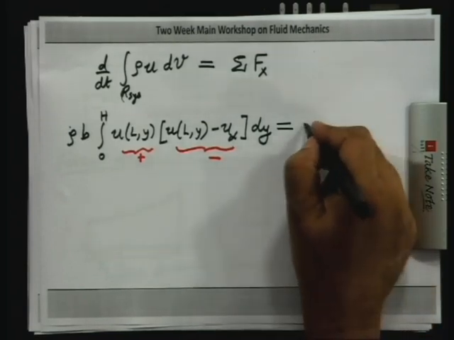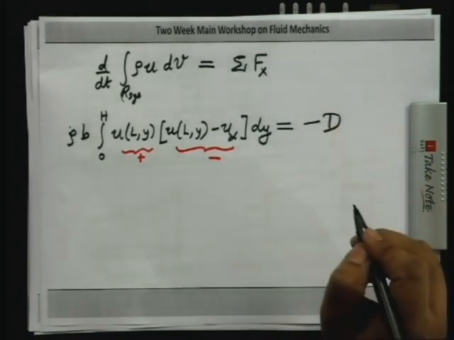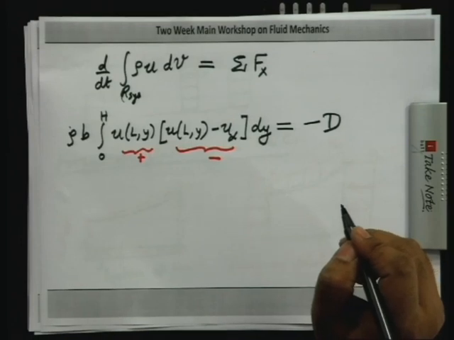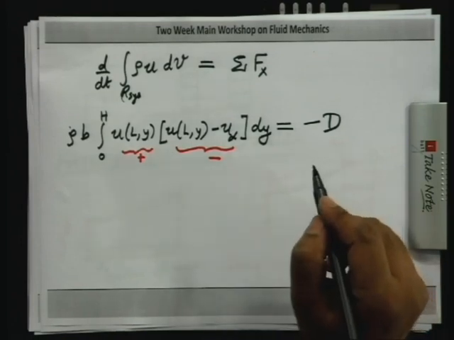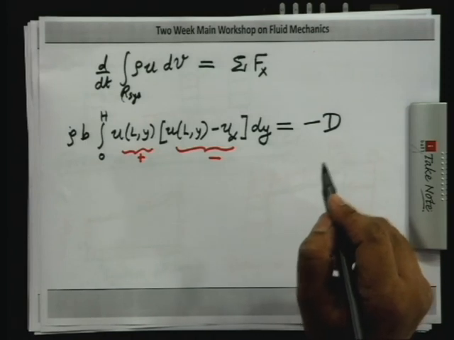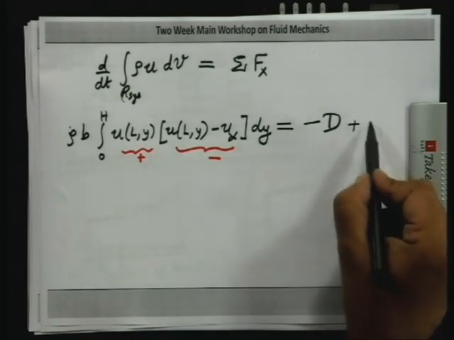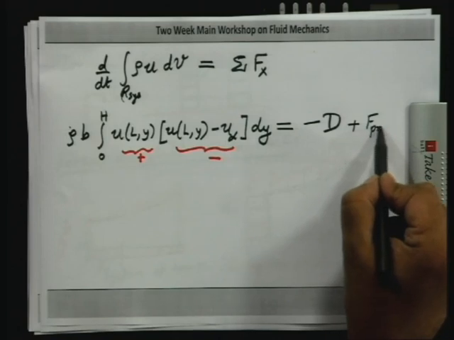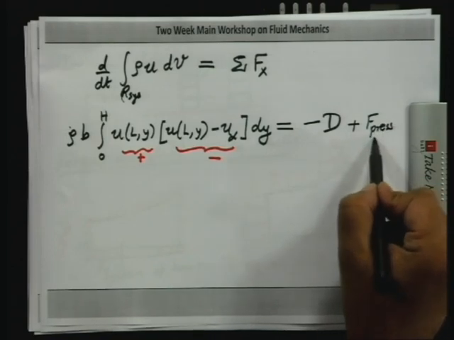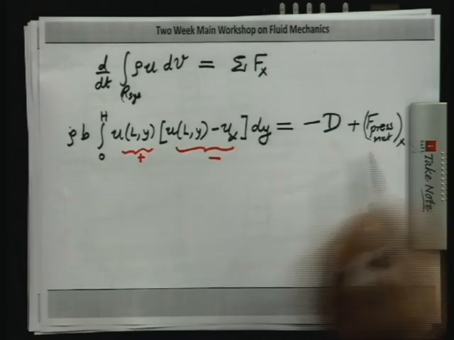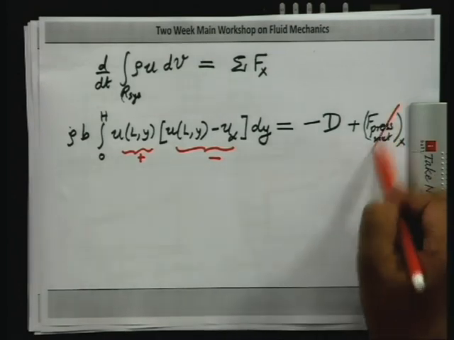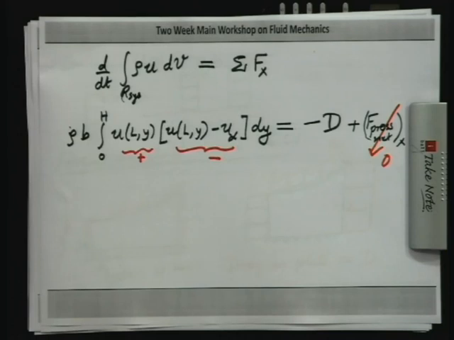So, this will be the net force acting on the fluid in the x direction. So, that is minus D, which is the drag on the plate, and the minus sign is coming because of the assumed direction, and then you have the F pressure net in the x direction, which we have shown to be 0 under the assumption that it is a constant pressure boundary layer.